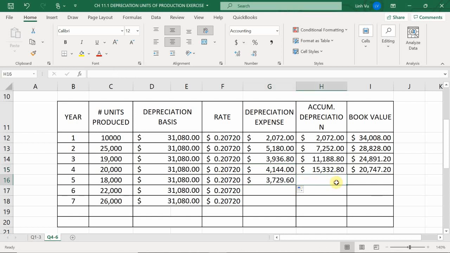Bringing my total accumulated depreciation, 15,332.80 plus 3,729.60, to 19,062.40.